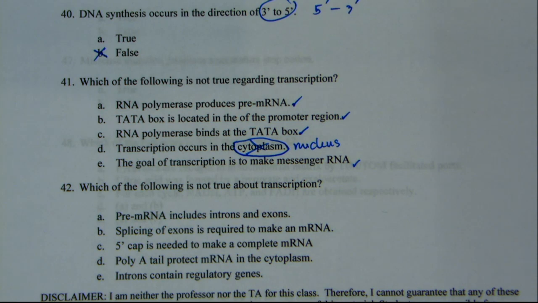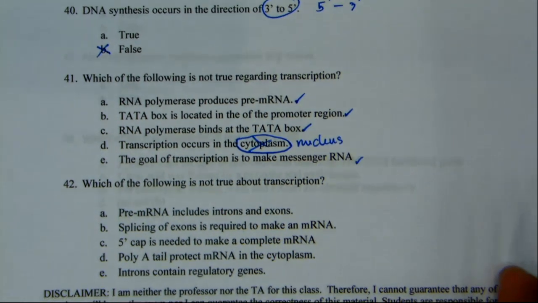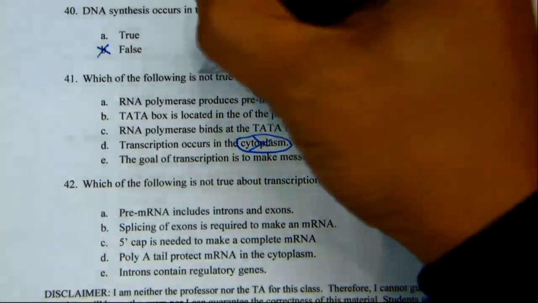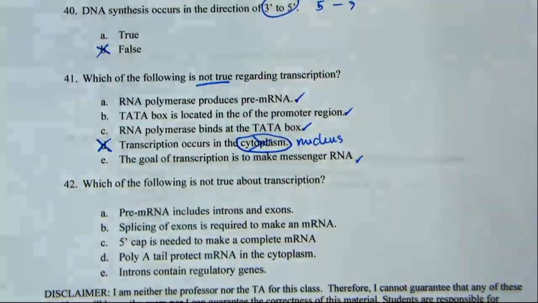It's not usual to find DNA outside of the nucleus. That's the reason we have mRNA, because M stands for messenger. Since DNA cannot be outside of the nucleus, we send the messenger out instead of sending DNA out. So that one is the answer, not true. The answer is this one.